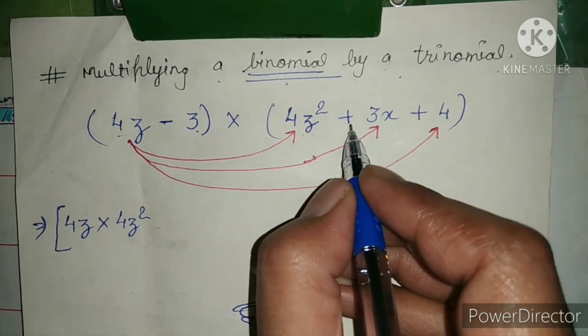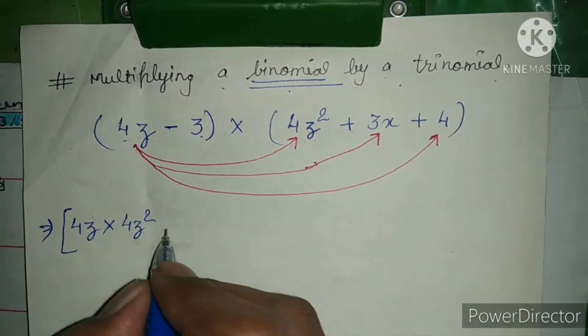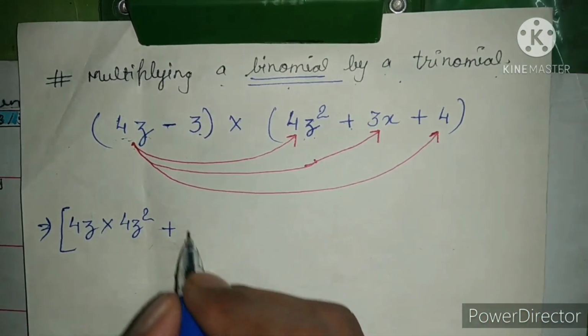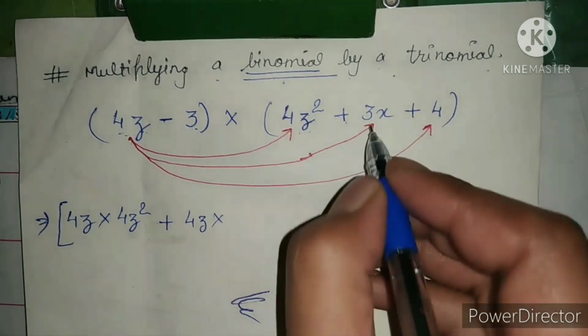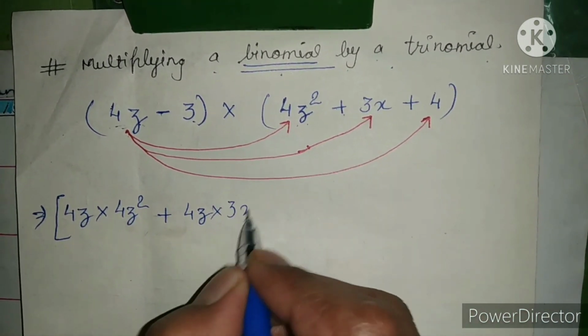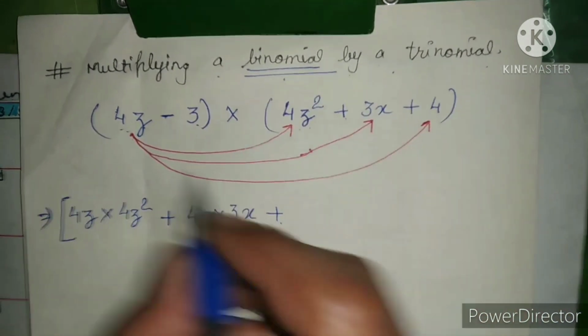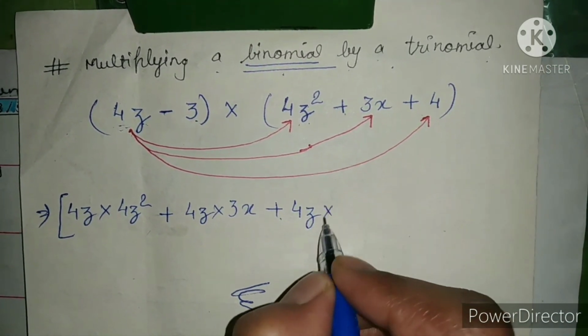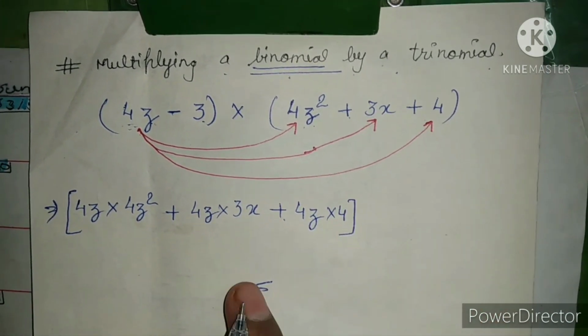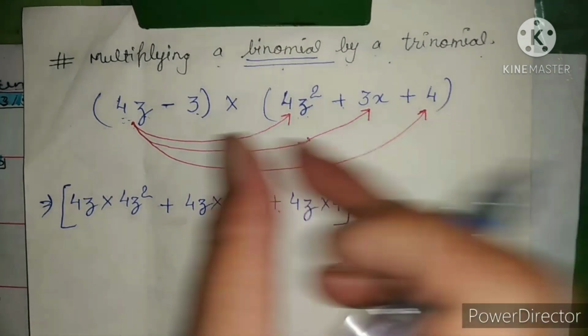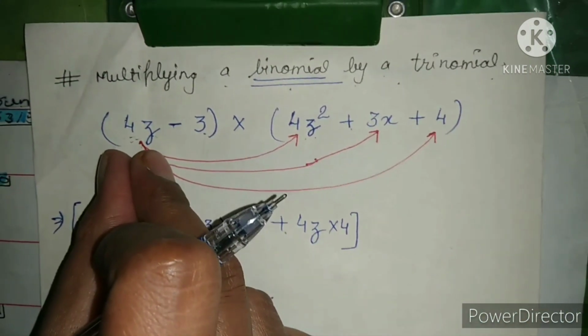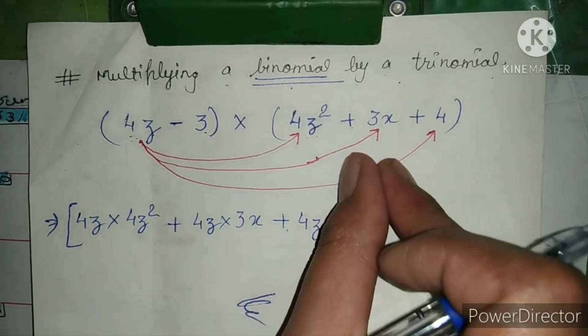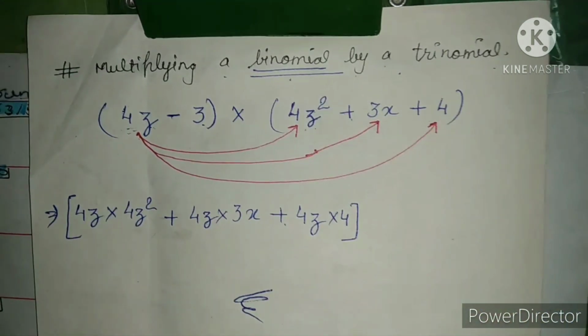Now what is the symbol inside the bracket? Plus. Now 4z multiplying by 3x plus 4z will multiply by 4. This is the first bracket, when the first term of the binomial is multiplying with each term of the trinomial.